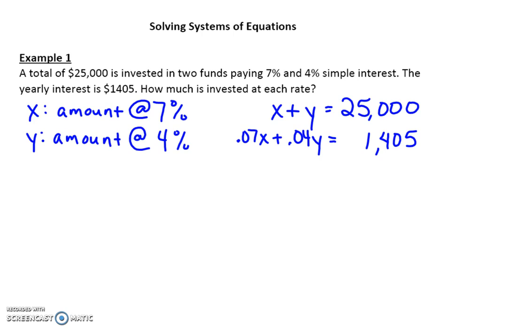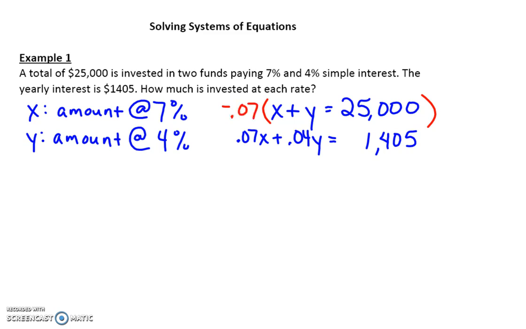And then you can go about solving this in a variety of ways. I'm going to show you elimination. So you could use substitution. You might remember that. But I'm going to use elimination. So I'm going to multiply my first equation by negative 0.07.